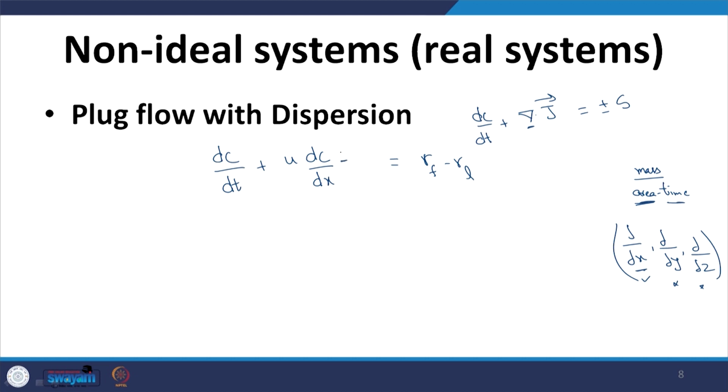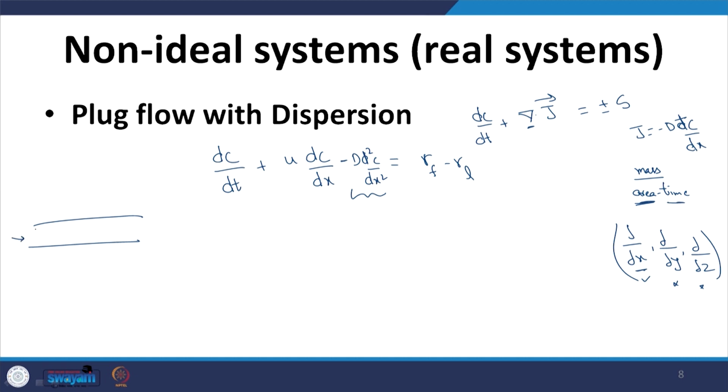But if there was diffusion, what would it have been? It would have been flux due to diffusion equal to minus D, I should not have written the derivative, okay, let us go with this derivative dC by dx. D is the diffusion coefficient or the dispersion coefficient or the turbulent diffusion coefficient, right, second derivative, right. So, when we assumed the ideal case, we assumed that this does not occur, but think about it in a river.